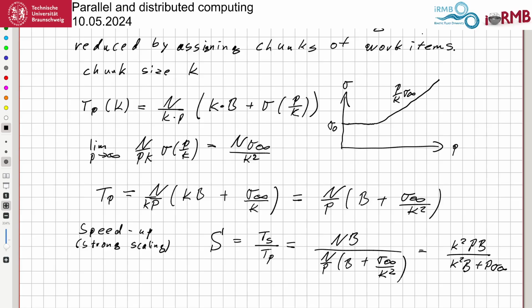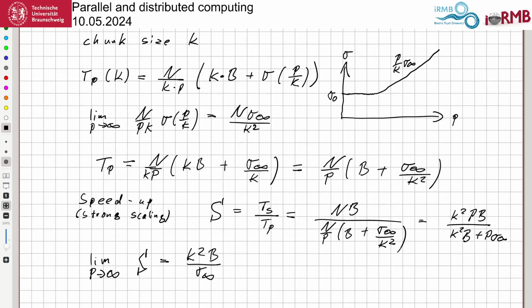And if I now made this correct, anyway, it would be the speed up of k square b by sigma infinity, which is different from what I've written here, so I hope it's correct. I mean, there's a big difference. Sorry for this. So asymptotically, it seems to be k squared times faster.